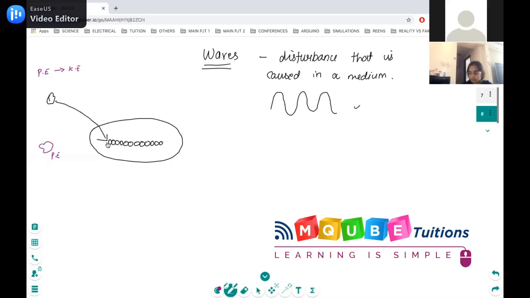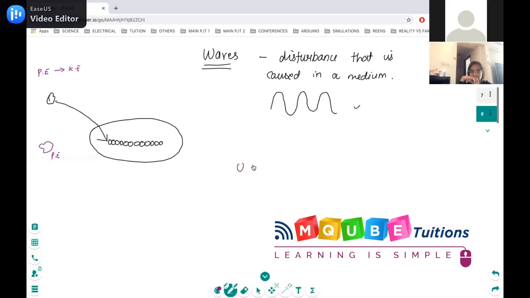Now just imagine this energy, the kinetic energy, is passed on to the first molecule where the rock is hitting the water. Let us consider that as the first molecule. The first molecule receives the energy and it gets excited.